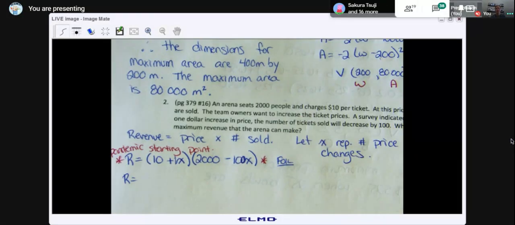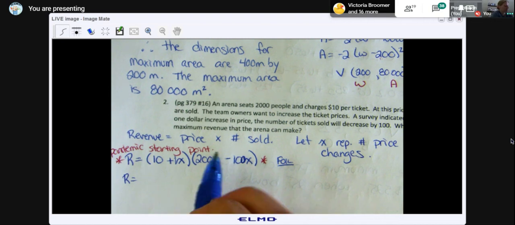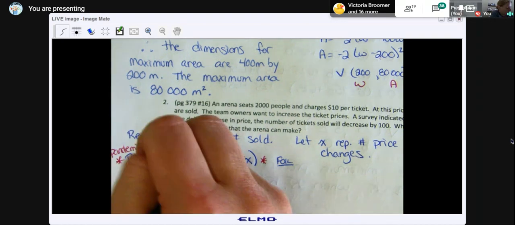So 10 times 2,000 is 20,000. 10 times negative 100x is negative 1,000x plus 2,000x minus 100x squared. That gives me negative 100x squared plus 1,000x plus 20,000. And from there, complete the square.